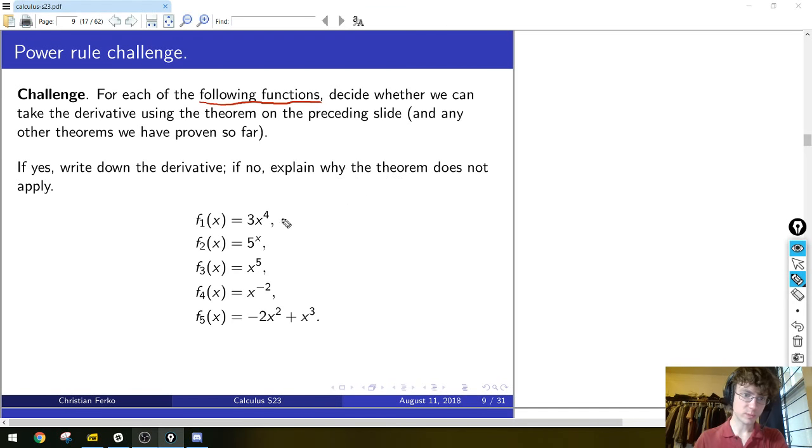For the first one, do we know how to take the derivative of 3x to the fourth? Yes. Good. What is it? 12x to the third. Good. You have already mastered the power rule. Okay, how about this one? Do we know how to take the derivative of 5 to the power x?